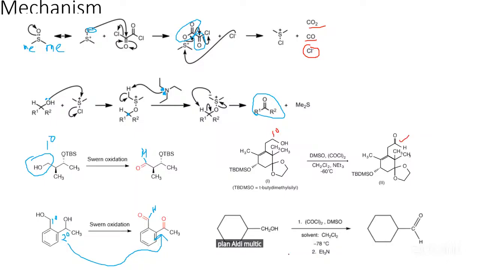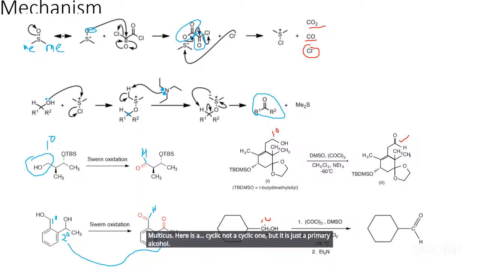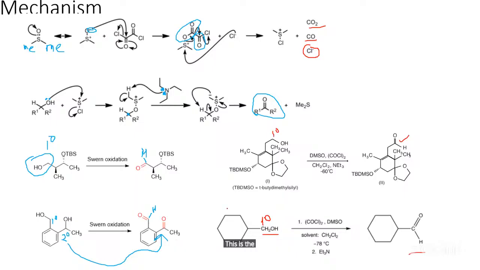Here it is just a primary alcohol, and this primary alcohol is again oxidized to an aldehyde. This is called the Swern oxidation, using oxalyl chloride in presence of DMSO and triethylamine as a base.